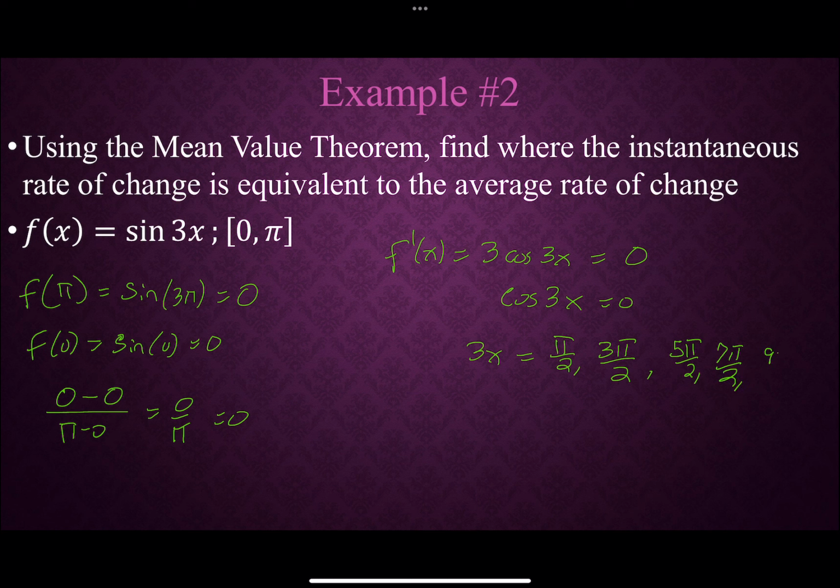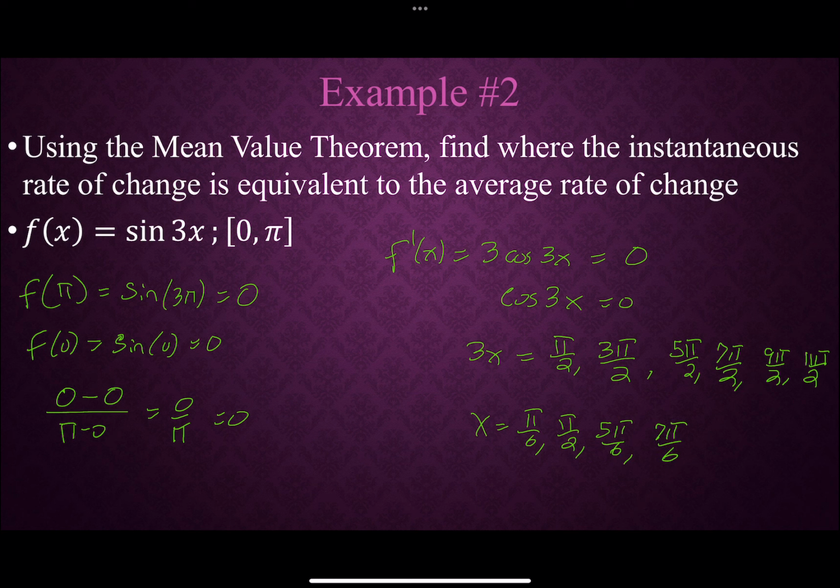And a general rule of thumb would be if it's 3x, we want to have 3 sets of answers. So pi over 2 and 3 pi over 2 is one set from one rotation, and then 5 pi over 2 and 7 pi over 2 is a second set, 9 pi over 2 and 11 pi over 2 is the third set. Dividing each of those by 3, we get pi over 6, pi over 2, 5 pi over 6, and 7 pi over 6.